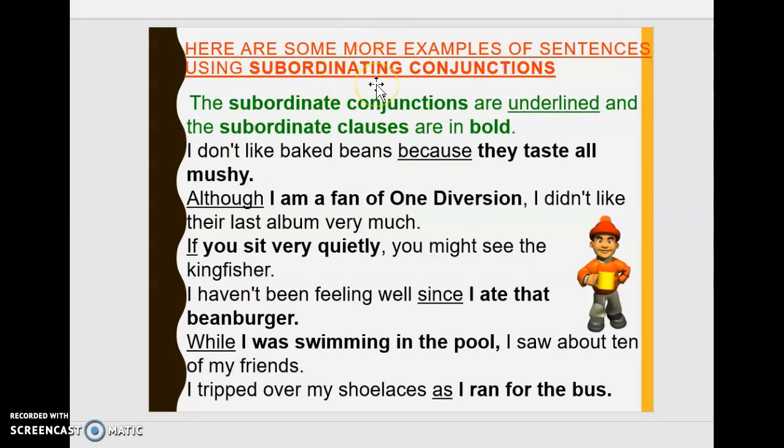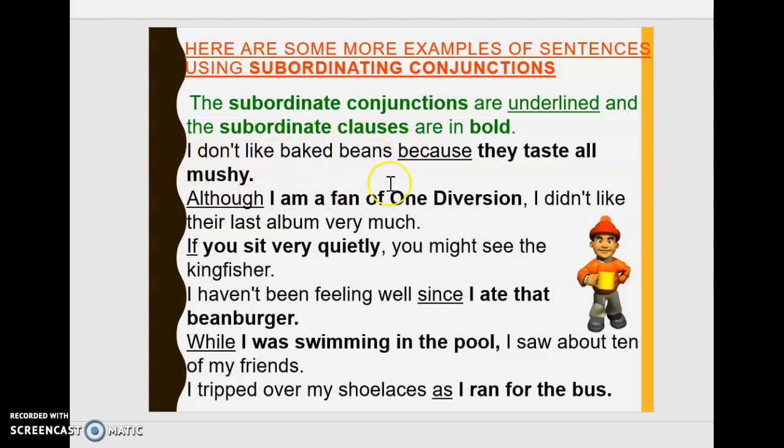Here are some more examples of sentences using subordinating conjunctions. You can see the underlined word is a subordinating conjunction, and the words which are in bold are the subordinate clause. Okay, I'll just read one example for you. I don't like baked beans. This is our main clause.